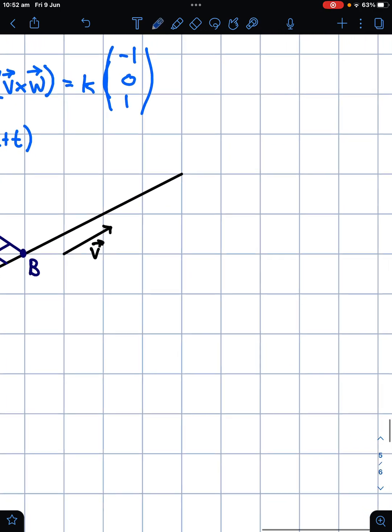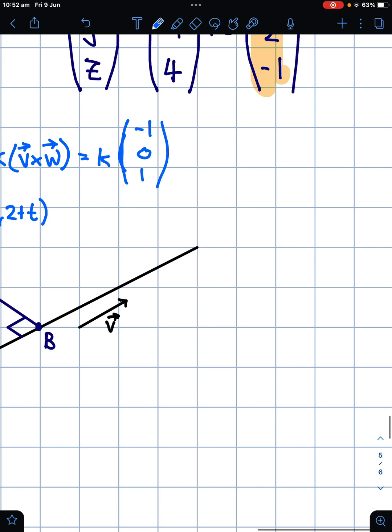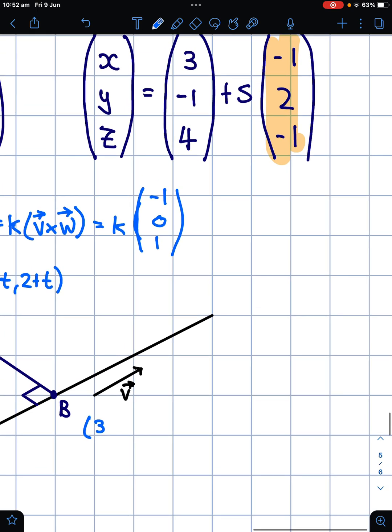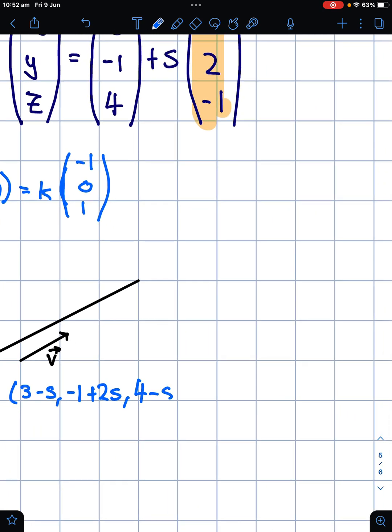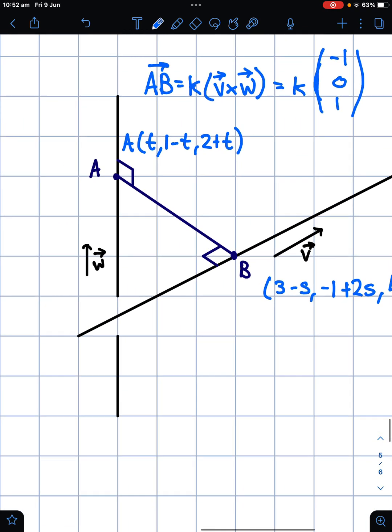This other one, B here, is going to have a coordinate of 3 minus S, -1 plus 2S, and 4 minus S. Okay, so A and B, we've got those components there.